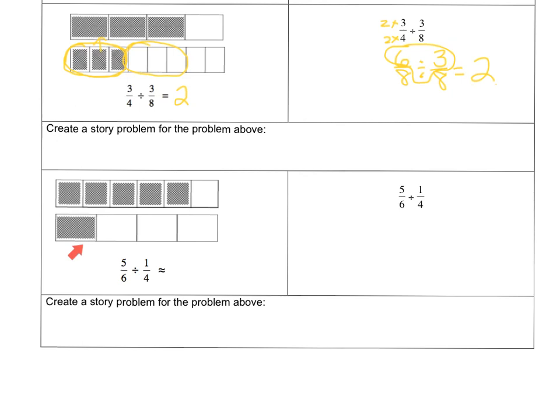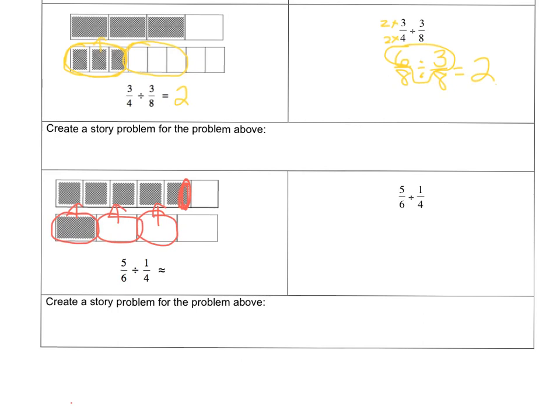This one's a little bit different from the last one because I'm dividing by a unit fraction. So now what I'm going to see is that this 1/4 piece lines up great with the shaded part up here. This 1/4 lines up great with that piece here. And this 1/4 lines up great right there. So I know that I can have about 3 groups, but I still have that little piece left.